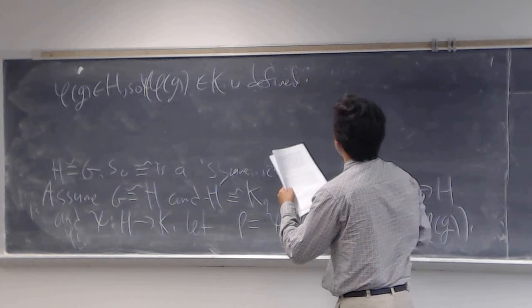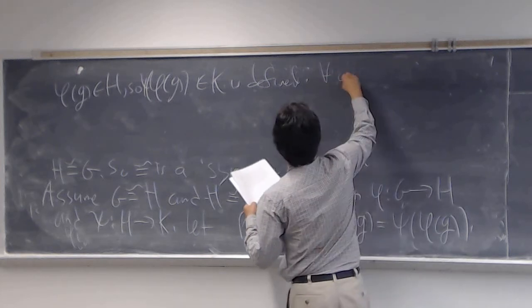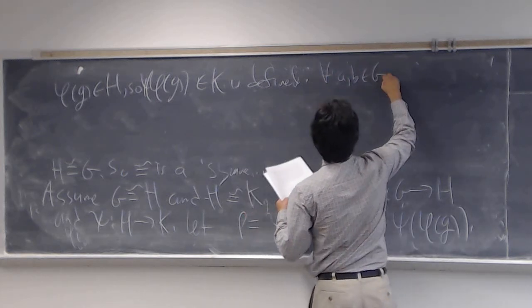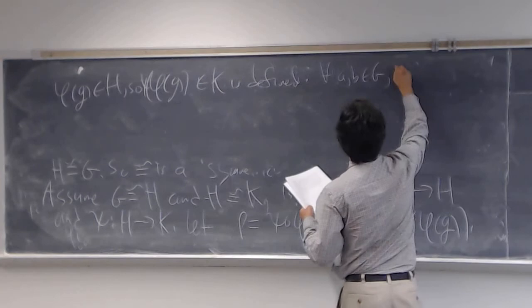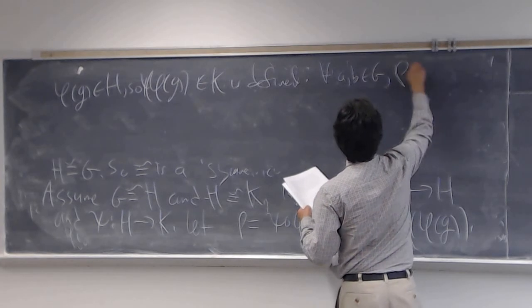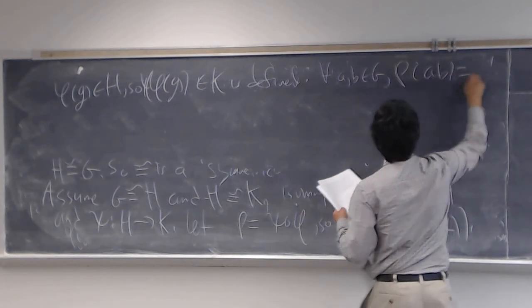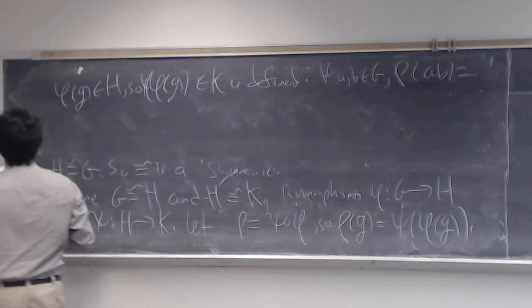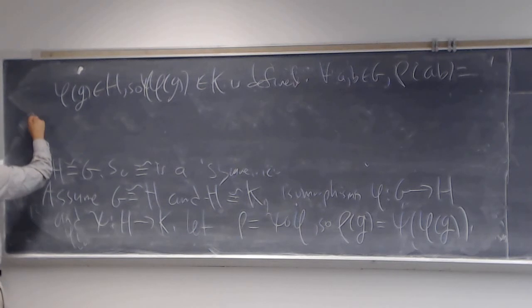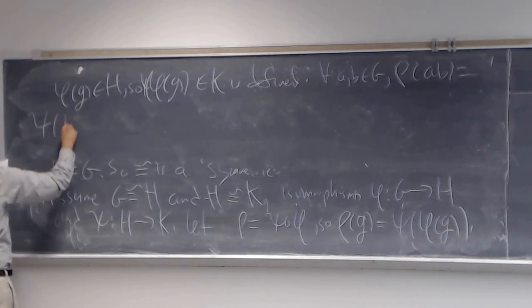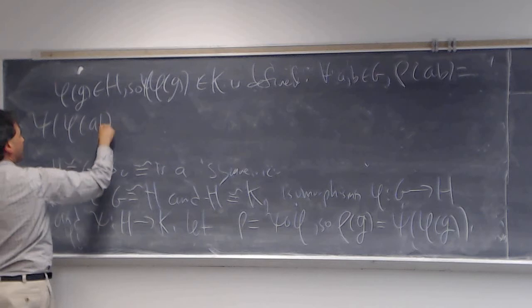Let's show it's an isomorphism. For all A, B in G, we look at rho of AB, which would be psi of phi of AB.